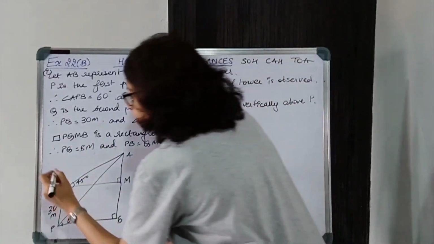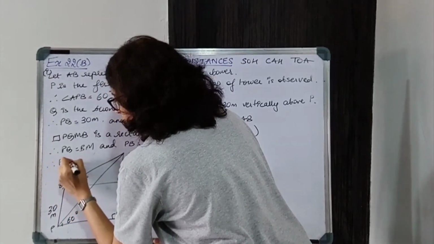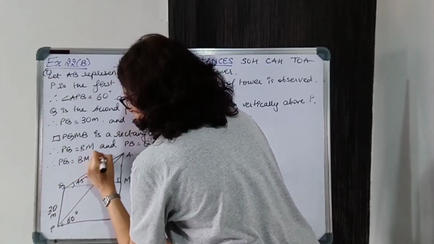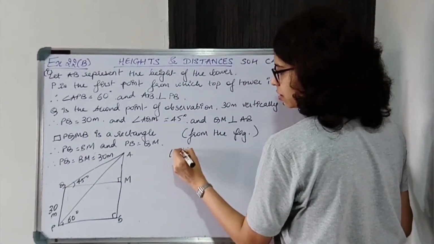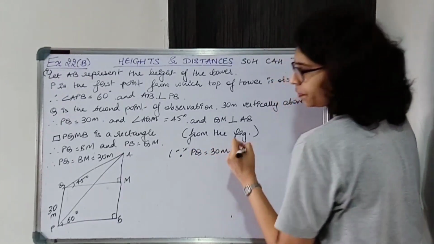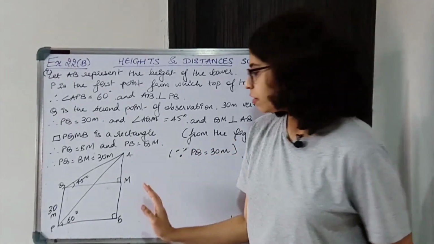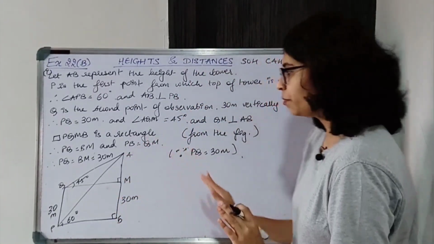So PQ is equal to BM is equal to 30 meters because PQ is equal to 30 meters. So just write down since PQ is equal to 30 meters. Now this information we got, ये मिल गया है. Our aim is to find AM now.